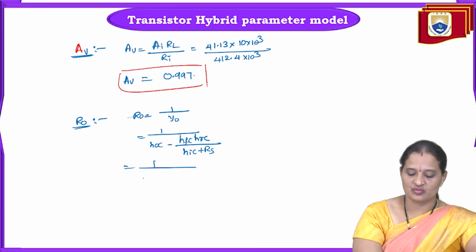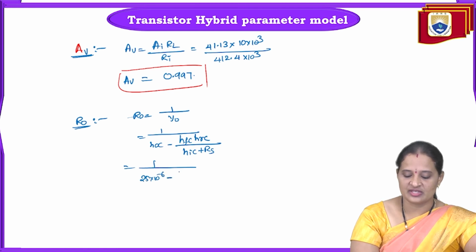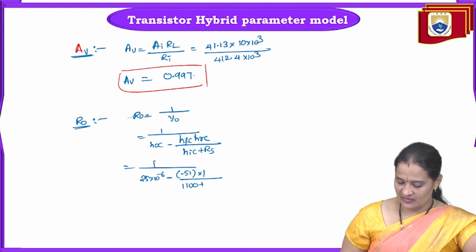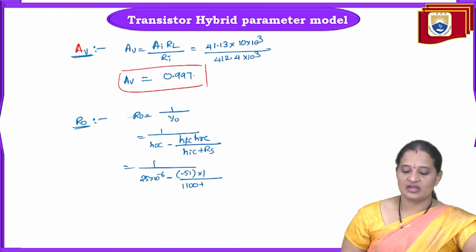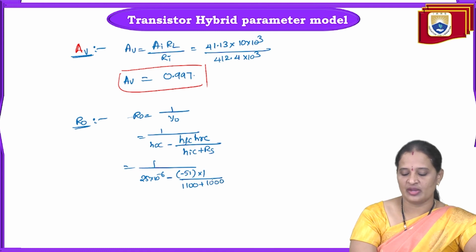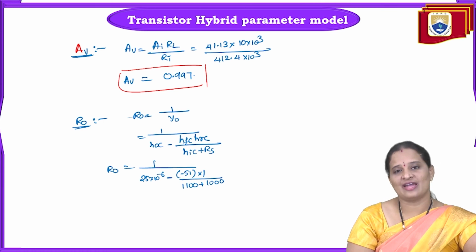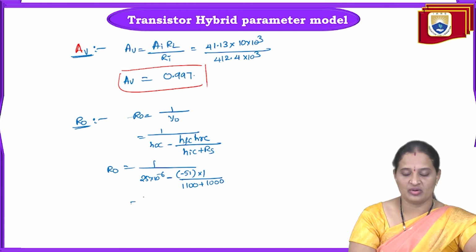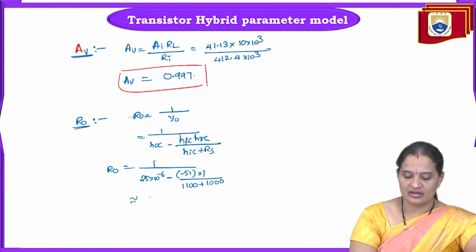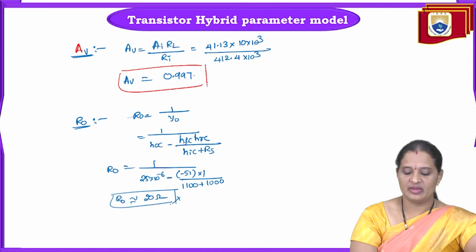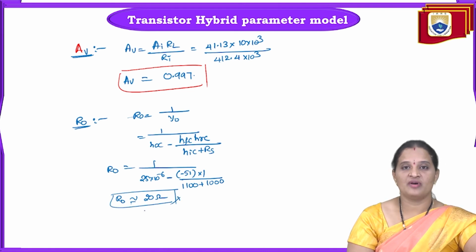So HOC is 25 into 10 to the power of minus 6, minus HFC is minus 51, into 1 divided by the HIC value 1100 plus the RS value. How much is the RS value given? 1K. 1K means 1000. If you calculate this one, you will get some value which will be very less, approximately equal to some 20 ohms or something. I have not calculated this value. This may not be the exact value. So this is the value of R0.